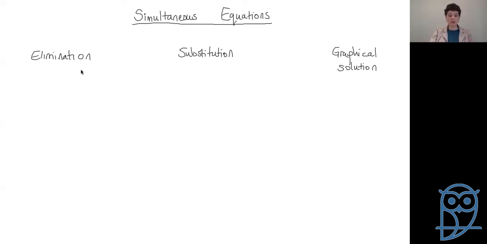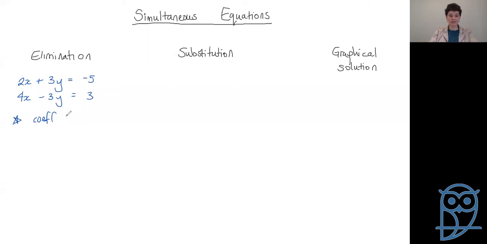For elimination, you'd have things like 2x plus 3y equals minus 5, and 4x minus 3y equals 3. So you've got coefficients on all the x's and all the y's, and then we would solve by elimination.